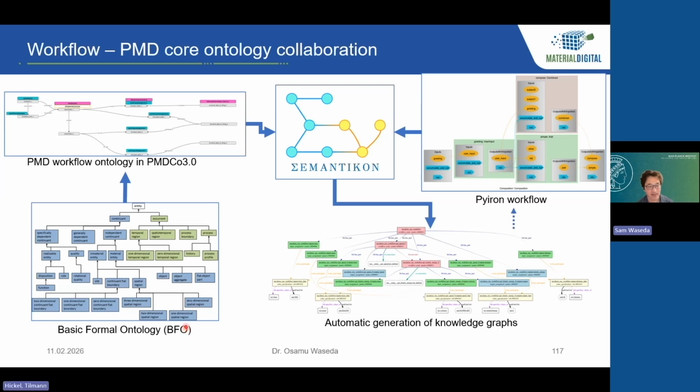So it is a little bit like an ideal situation, but in principle, if you use the PMD core ontology, you'd be able to talk to people working in totally different fields as well, right?